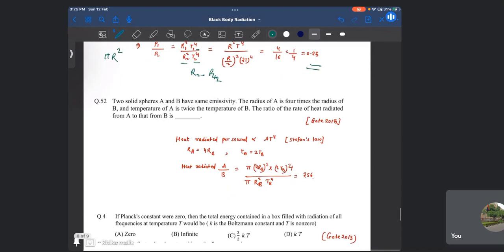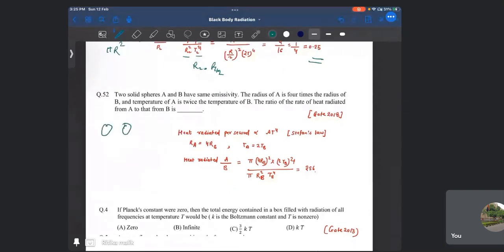Similarly, two solid spheres having the same emissivity. The radius of A is 4 times the radius of B, so Ra is 4 times Rb. The temperature of A is twice the temperature of B. What is the ratio of the rate of heat exchange from A to that from B? Basically they are talking about how much energy per unit time you are exchanging.